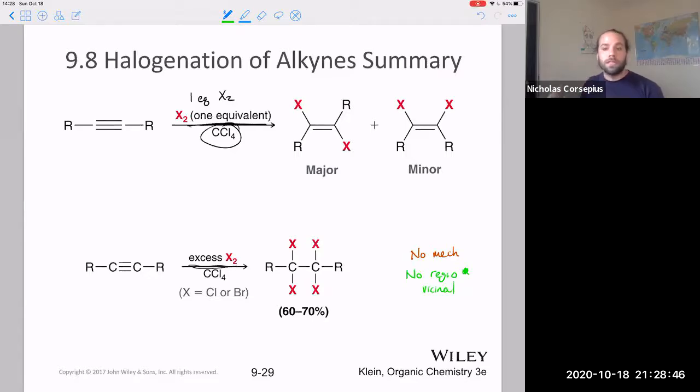They're not both going onto the same carbon. And then is there any stereoselectivity to worry about for the one equivalent of halogen? You should know that the anti addition will produce the major product and the syn addition will be the minor product. When you get to the excess, you no longer have to worry about it because you've added two halogens to both carbons. These are not going to be stereocenters, so not a problem.